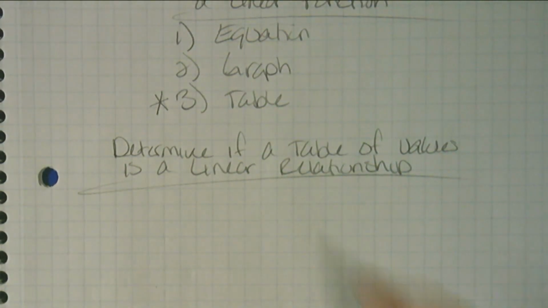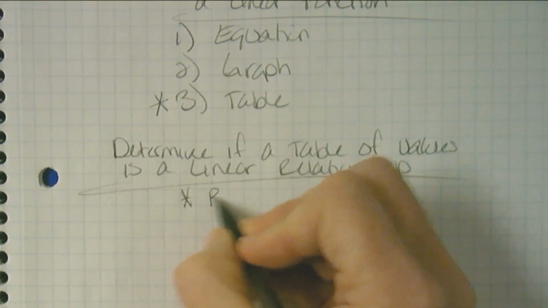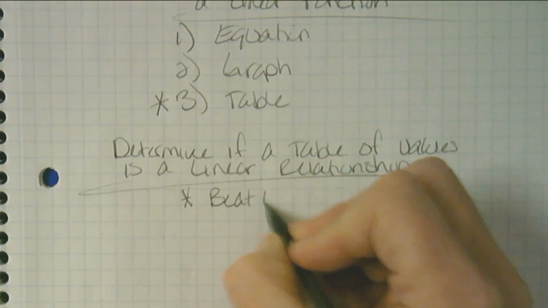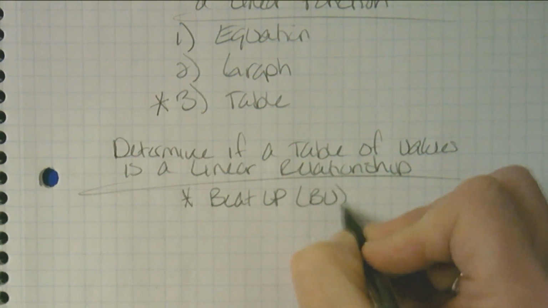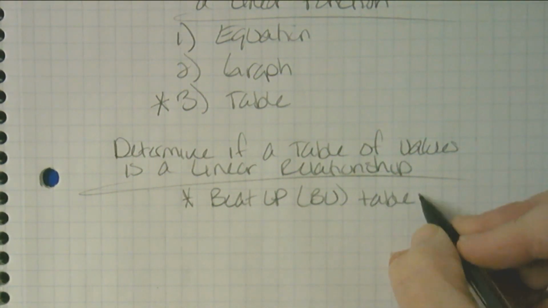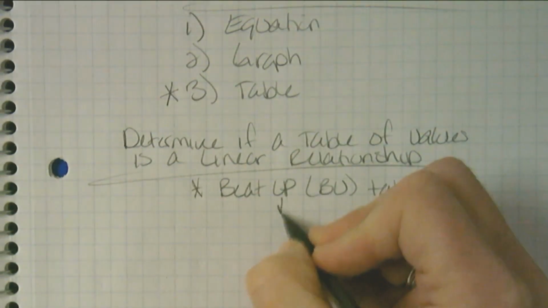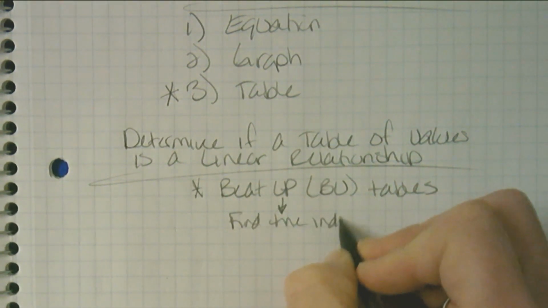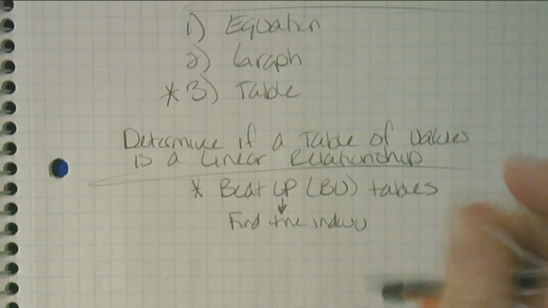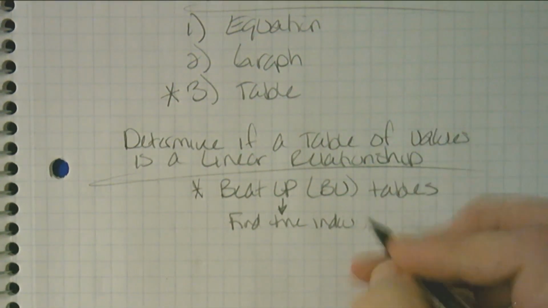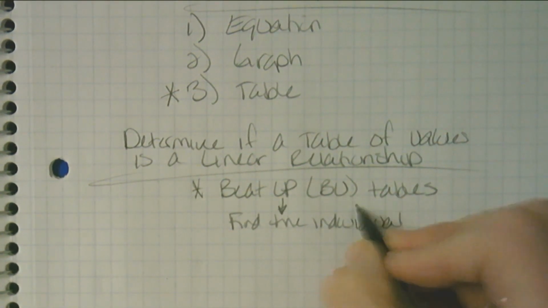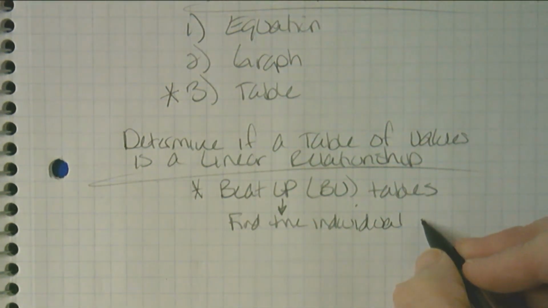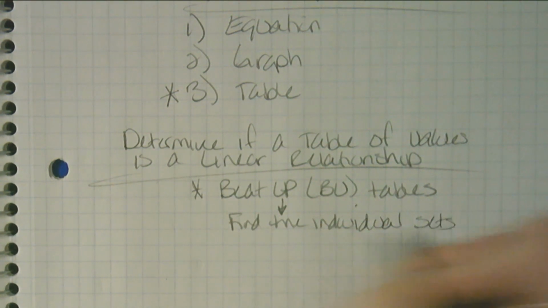So what we're going to do is beat up tables, which is what BU means. BU means beat up. What that means is we find the individual slopes, and I think we've done this before, in the previous chapter. So beat up the individual sets of consecutive points.